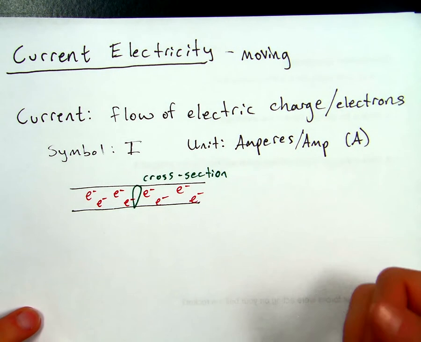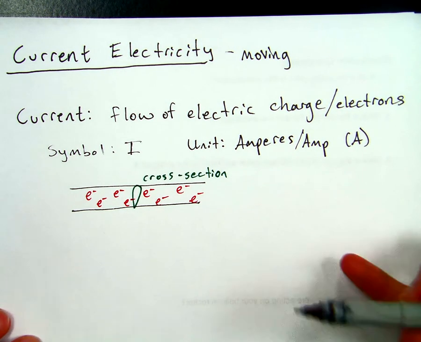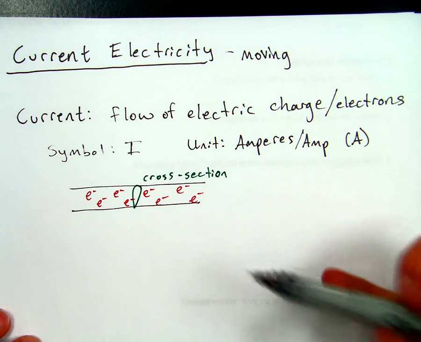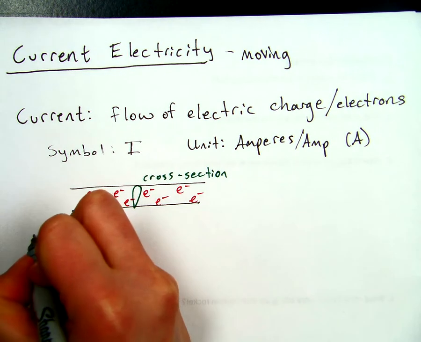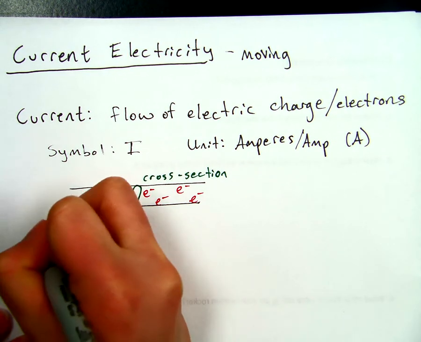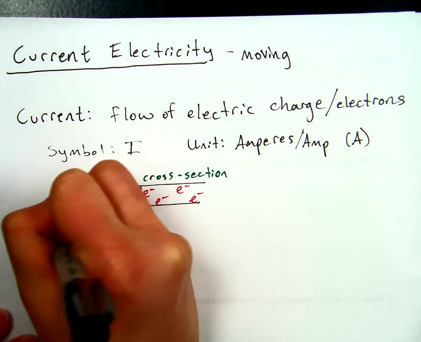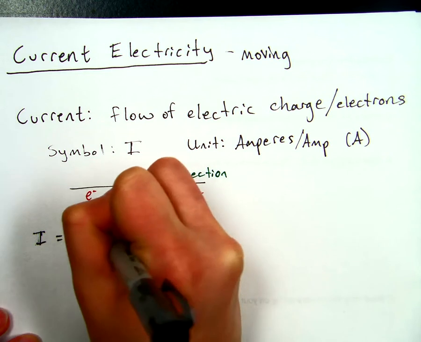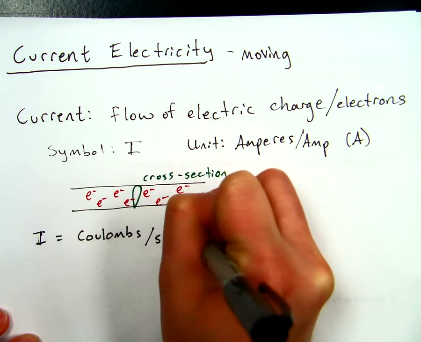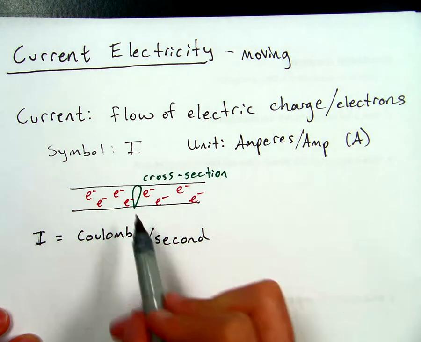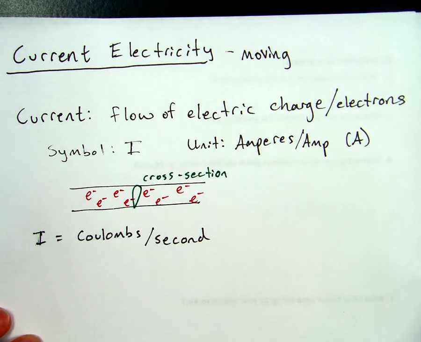We won't do a whole bunch of the math associated with this simply because it's not a formula that they give you on your state reference table. But current, or I, can also be called coulombs, or charge, per second. It's the charge per second that crosses through that cross-sectional area.